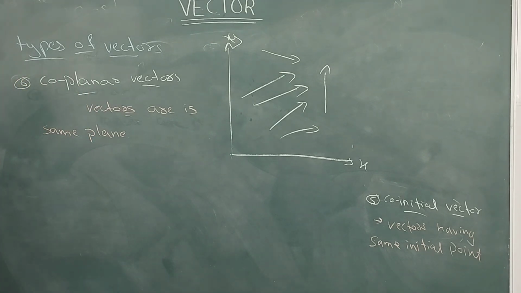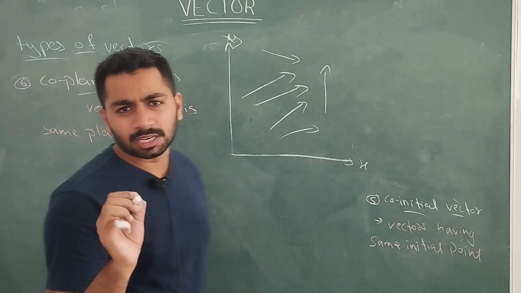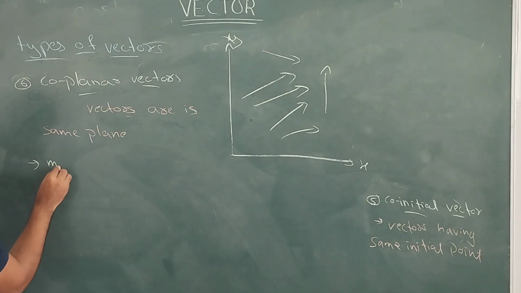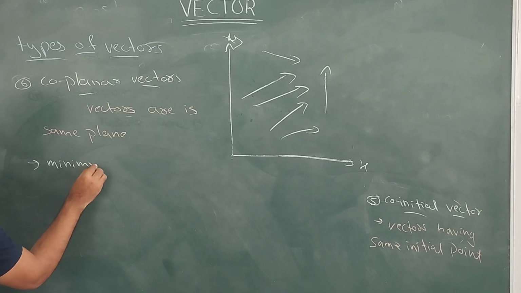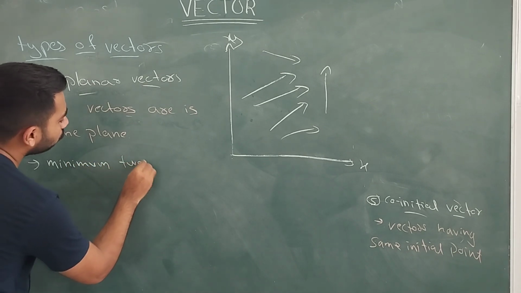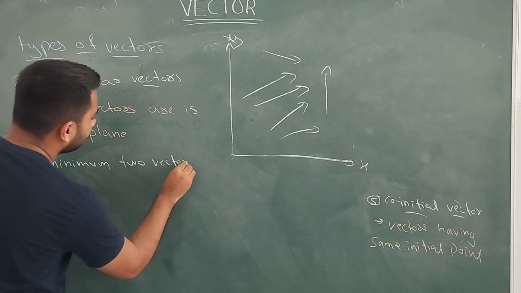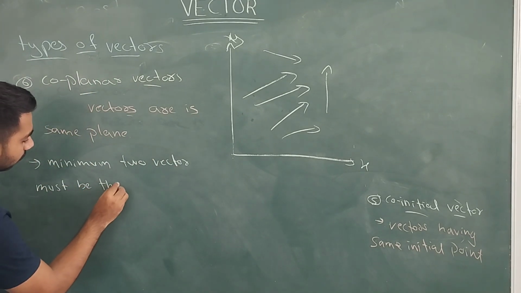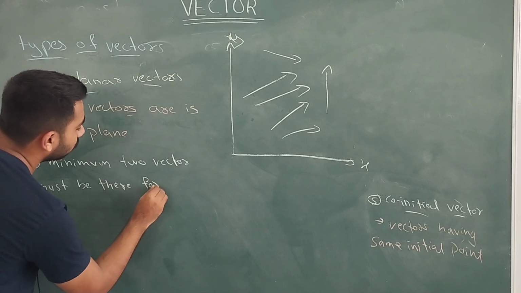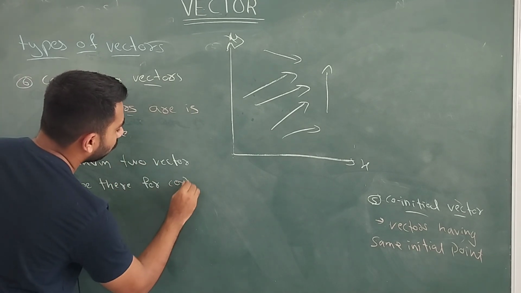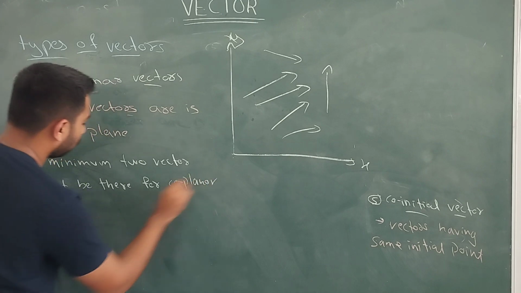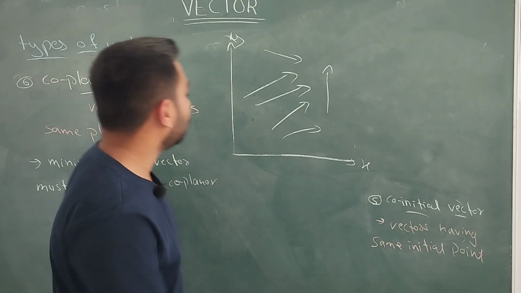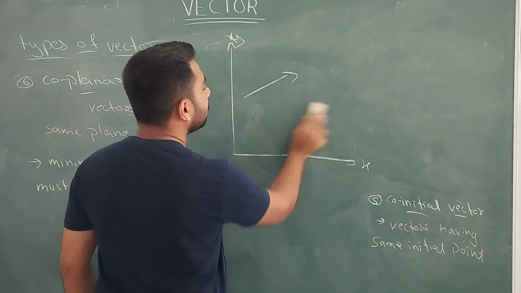Now there is one small point which is necessary. Minimum two vectors must be there for coplanar vectors. Just simple, if you remove all this, there is only one vector.